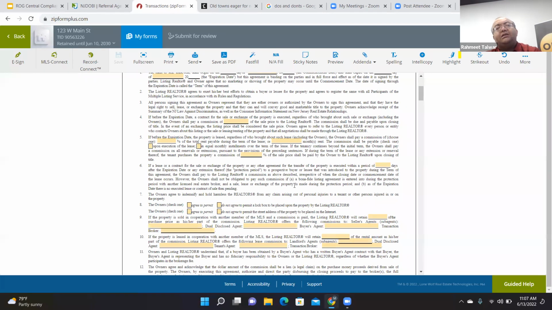Essentially, if you get people that come to your listing, whether it's your own clients or other agents, and the listing expires, this says that if within 30 or 60 days those same people come back, this listing agreement still applies. Is that correct? That is correct. It's basically a protection period for whatever clients come through during this listing period. Only if they have to be listed with somebody else. Yeah.